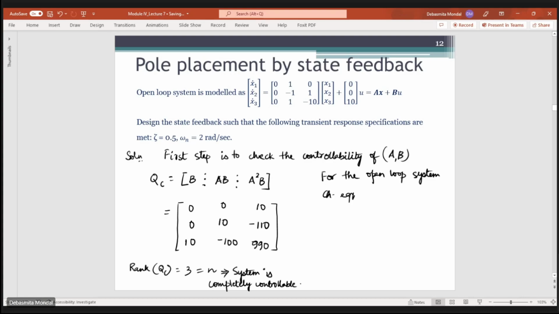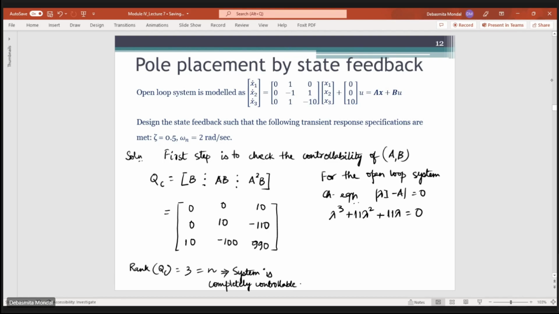The characteristic equation will be determinant of lambda I minus A equals 0, where lambda are the eigenvalues of the system. So this will be lambda cube plus 11 lambda square plus 11 lambda equals 0. This is the characteristic equation of the open loop system.